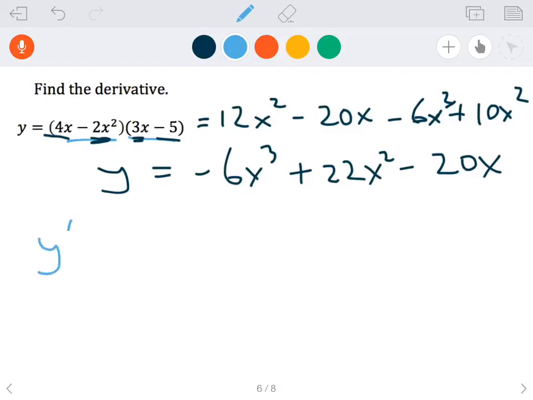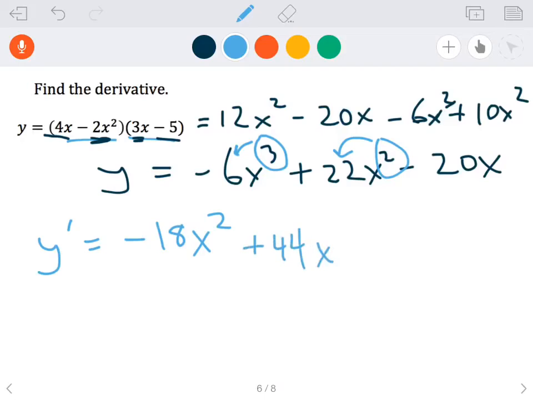So now if I want to find y prime, I can follow all my power rules. I'm going to do 3 times negative 6, and then subtract 1 from the exponent. I'm going to do 2 times 22, and then subtract 1 from the exponent. And then there's an understood 1 there. 1 times negative 20. And then I want you to see how this works.